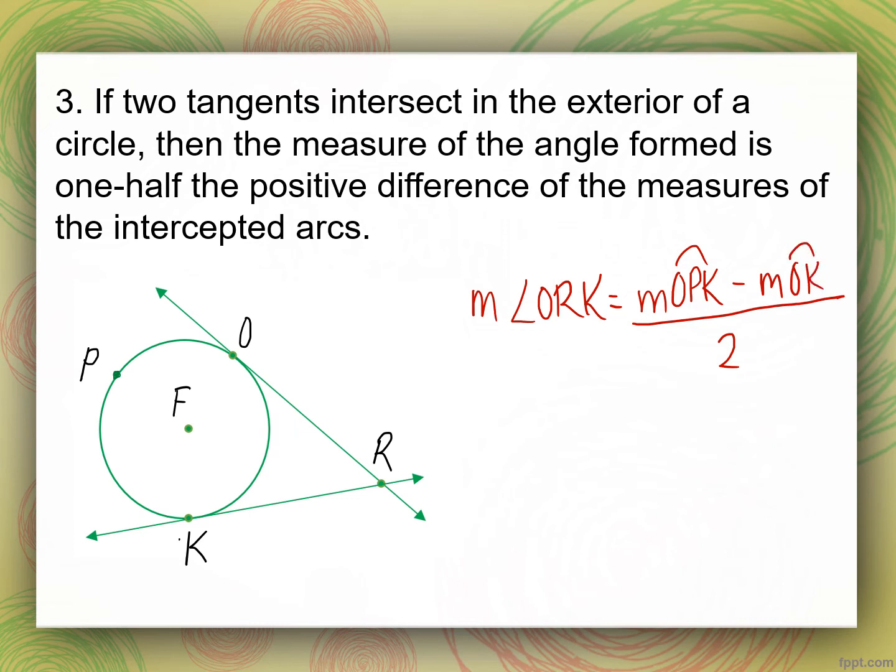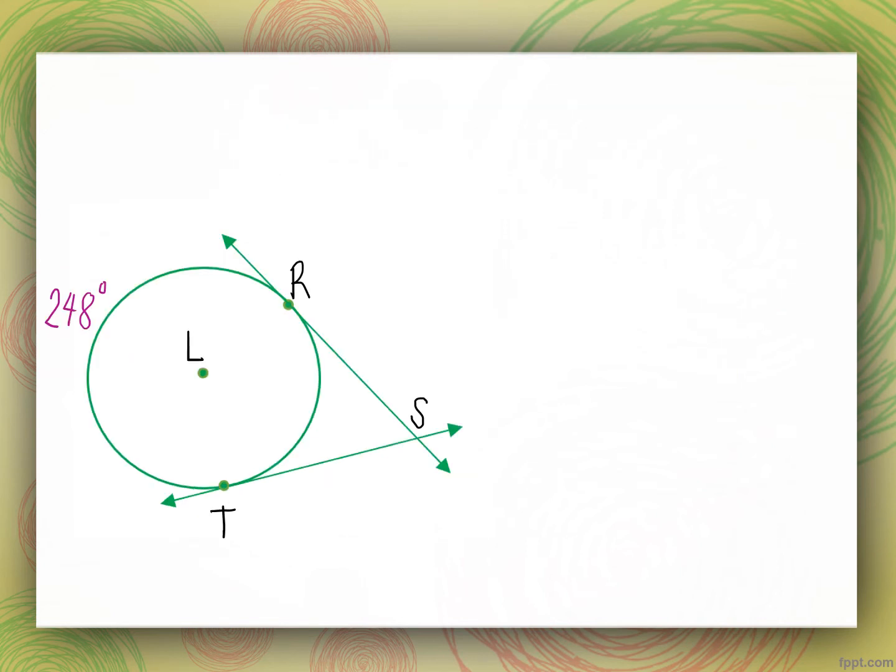Okay, now let's apply this one. So we have here circle L and we need to find the measure of angle RST. We are given the measure of arc RT.